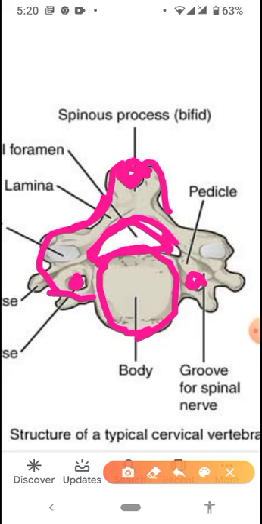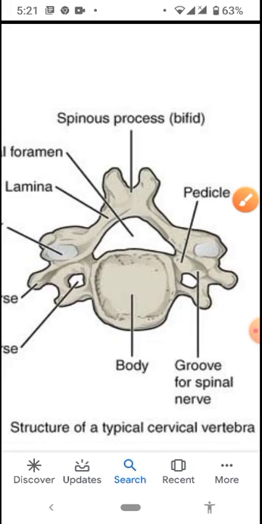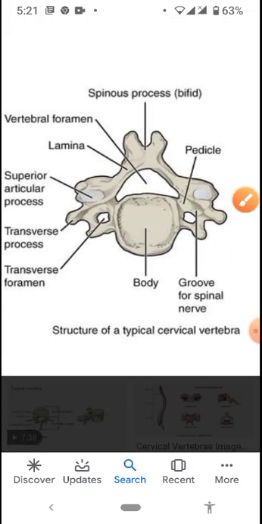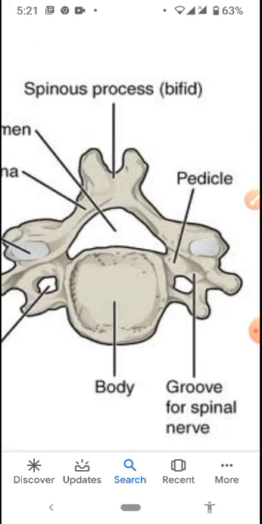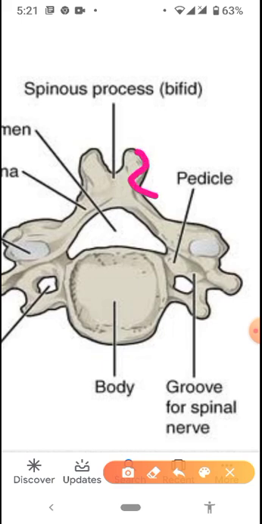So in this typical cervical vertebra, this is the spinous process. The spinous process of the typical cervical vertebra is bifid.